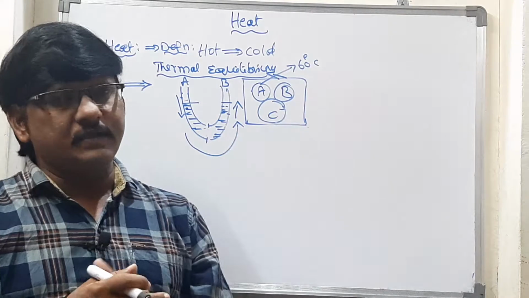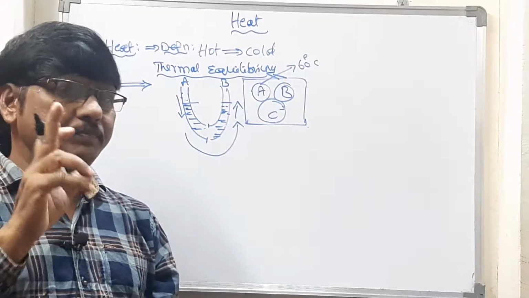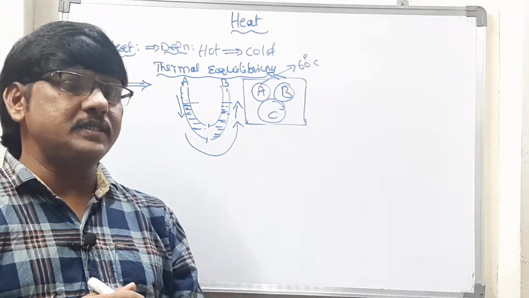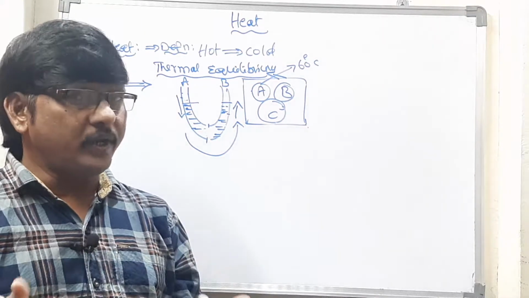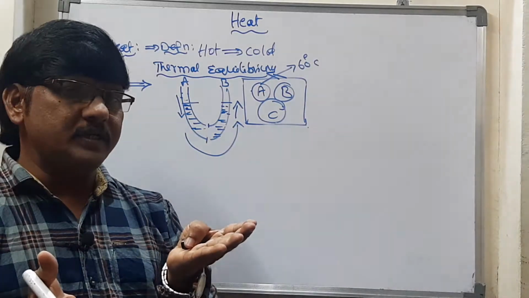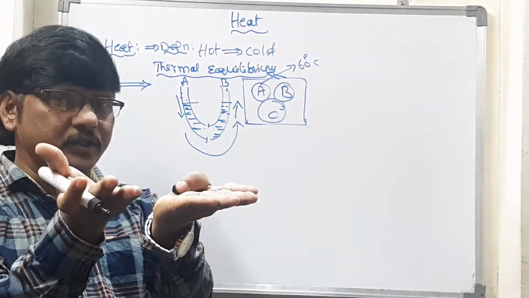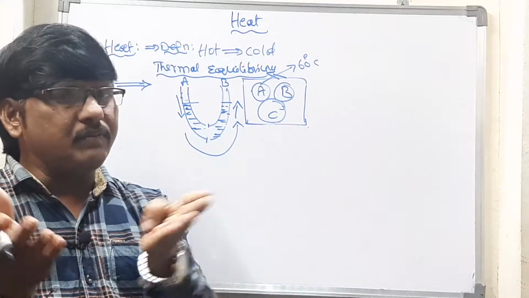Okay, two important concepts here. The first important thing is, if any system is in thermal equilibrium, all the components will have the same temperature. Why? If there is a temperature difference, then heat will transfer till both acquire the same temperature. Only then does it acquire thermal equilibrium, no?